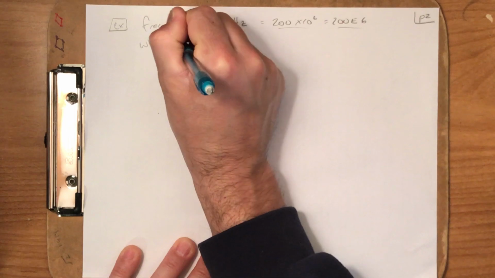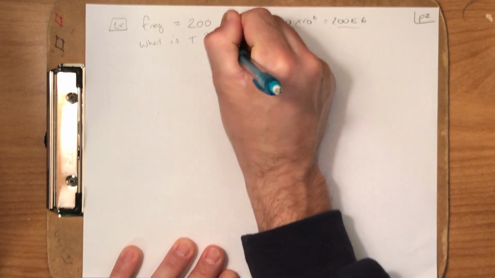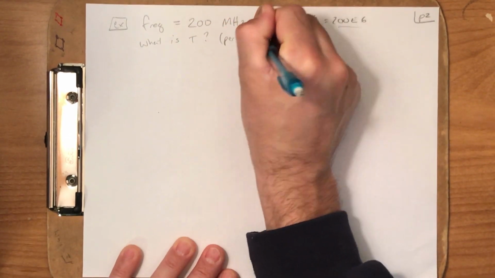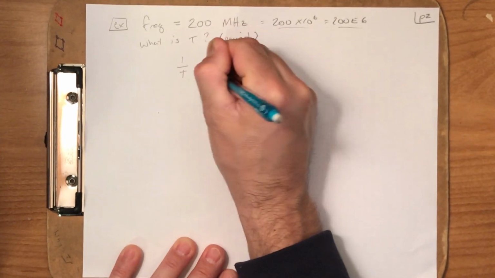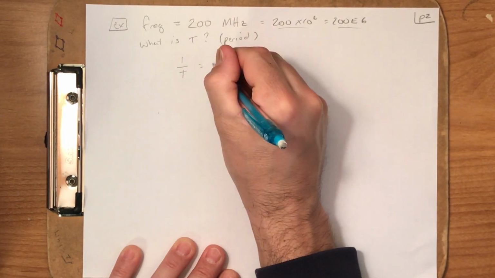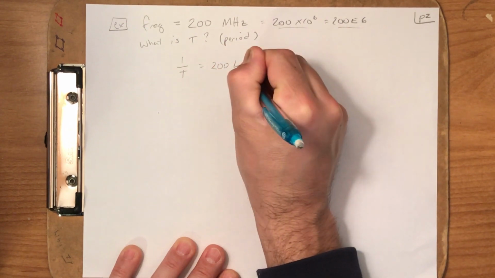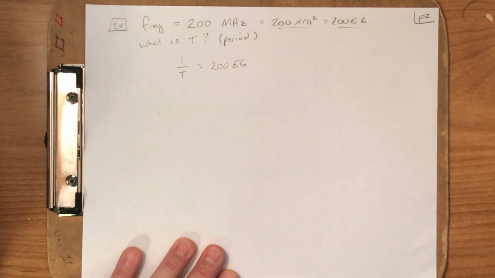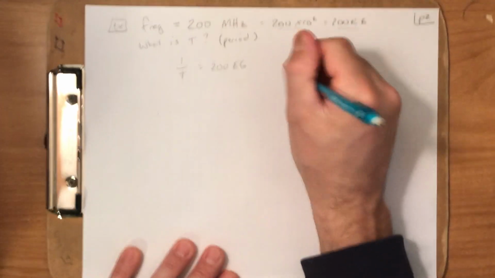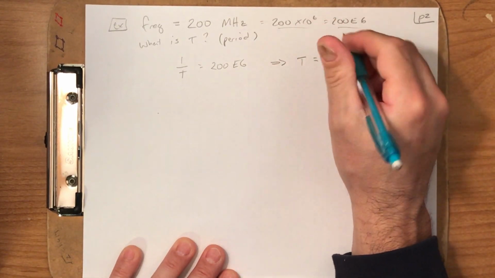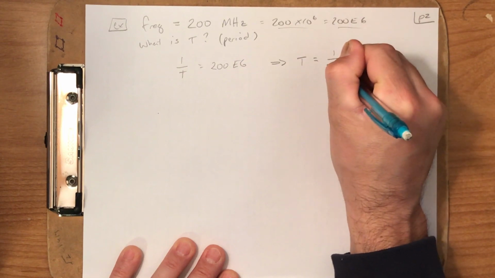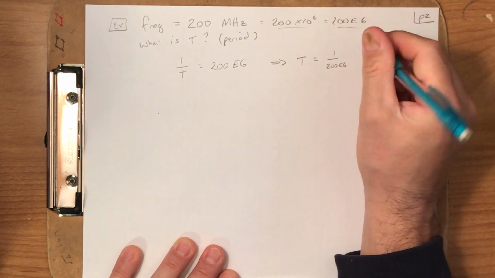And then we can say, what is T, the period? Well, we were just given a very simple formula. 1 over T is equal to frequency. Flip both sides, and this gives you T is equal to 1 over 200 times 10 to the 6th.